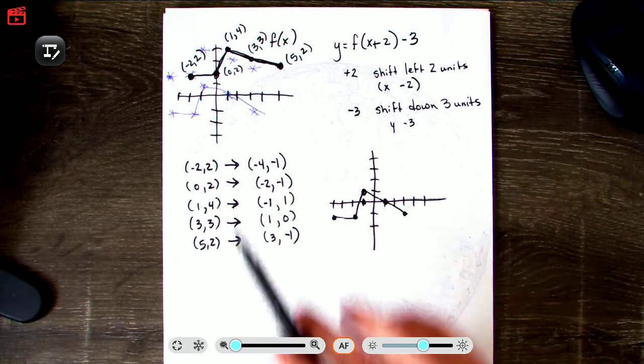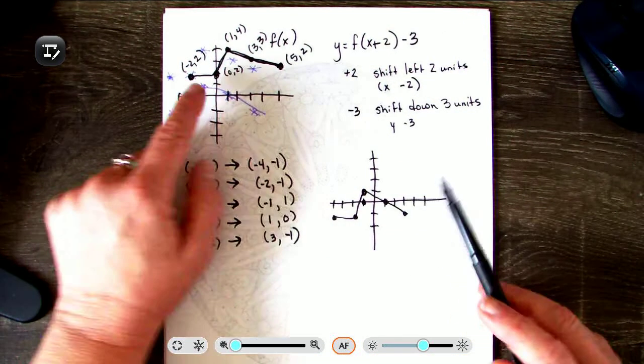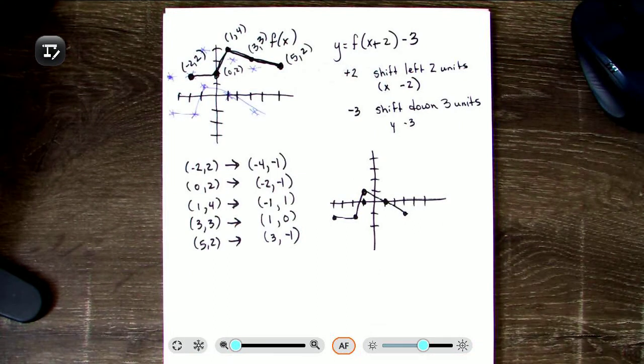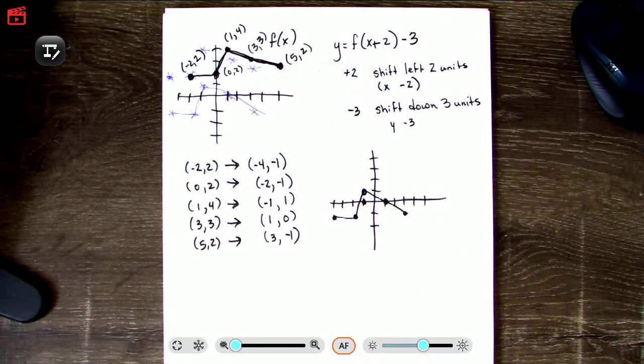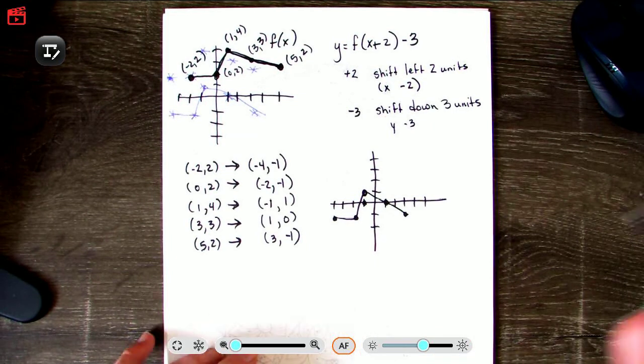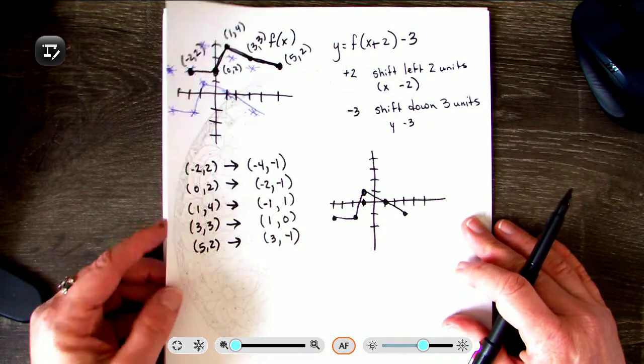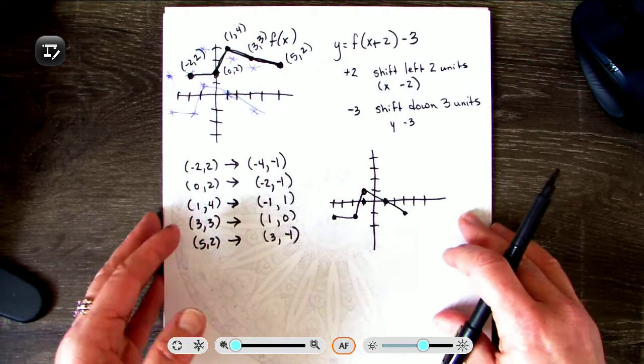Okay, I like to work with problems that start with a graph that you can't just plug into a graphing utility of some sort and look it up. But you can practice these. Take a function that we know, and I'll do one in a little bit, and move it, and then you can graph and check with your graphing utility as well. And there's lots of graphing programs out on the internet that can graph things for you.